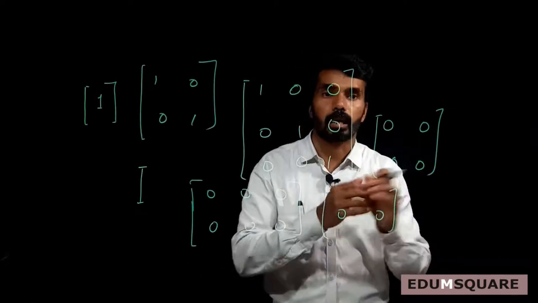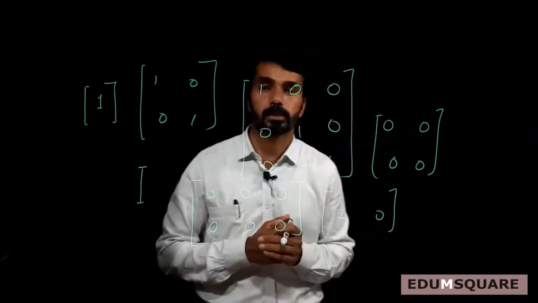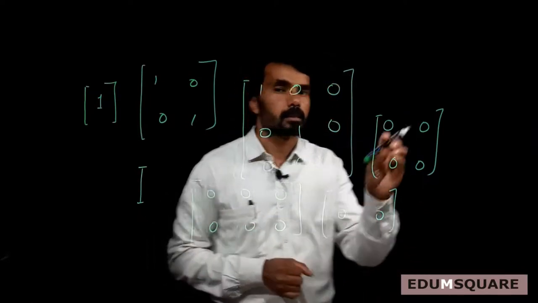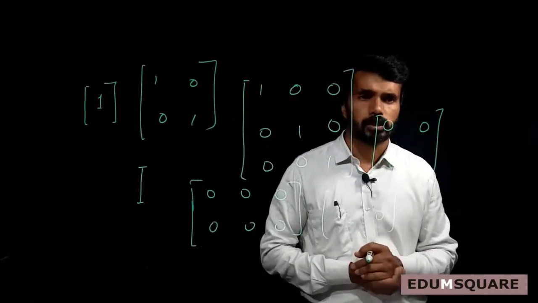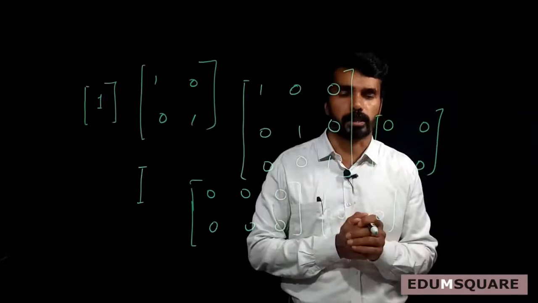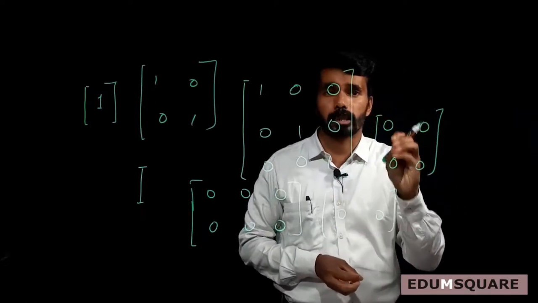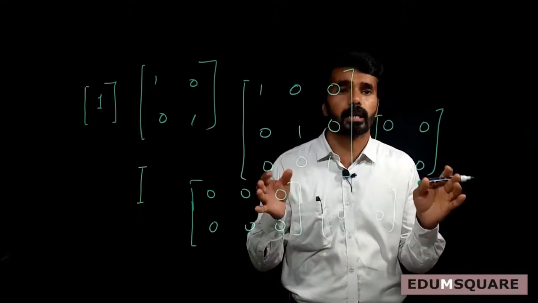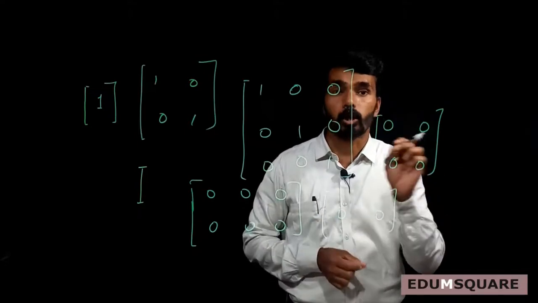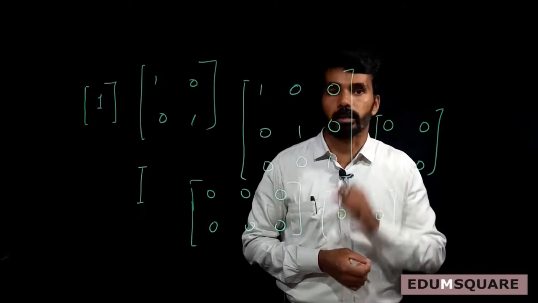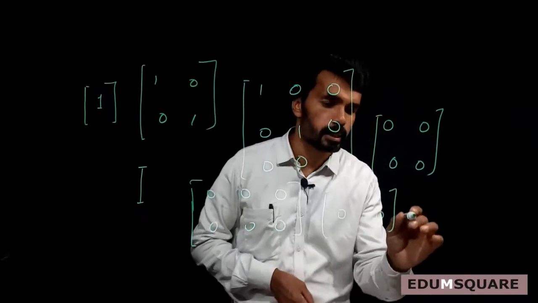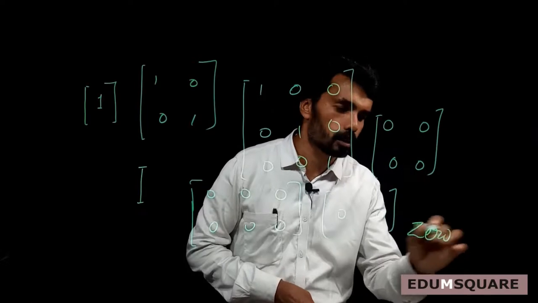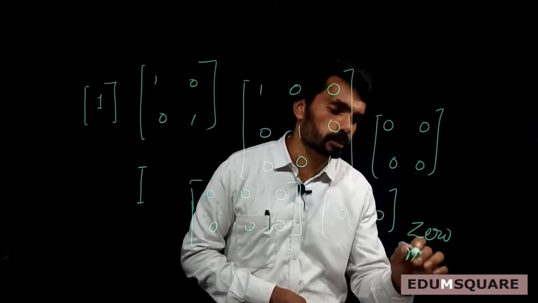Here all the elements of these matrices are zeros. So these types of matrices, that is, in a matrix, if all the elements are 0, then they are called a zero matrix or null matrix.